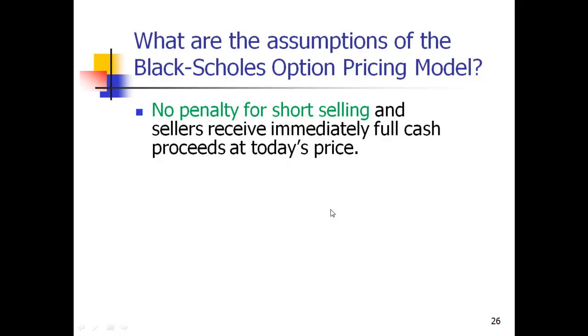How many people know what short selling means? I'll just give it to you very briefly, and this is something you study in more detail in a securities analysis course. Short selling means that if you believe a given stock is overvalued, you can go to your broker, borrow that share, and say to him, I'll give you back that share later. So you take that borrowed share, sell it at say $100, and pocket the $100.